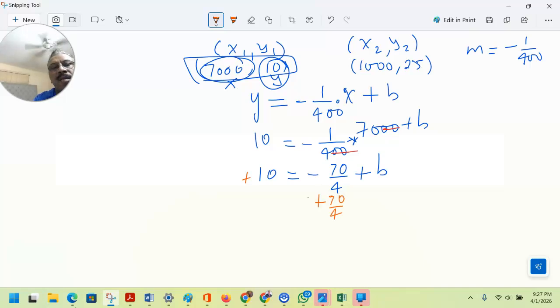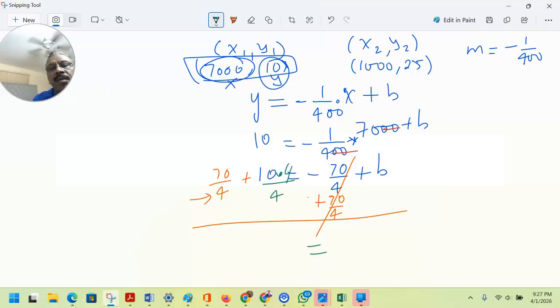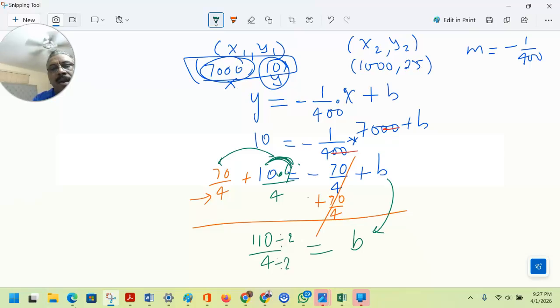When you do this, this crosses out. This one has a fraction with 4, so it's better to multiply and divide by 4. Drop down this b here, and 10 times 4 is 40 plus 70 gives you 110. Divide by 4 and by 2 here, and you get 55 over 2 equals b.